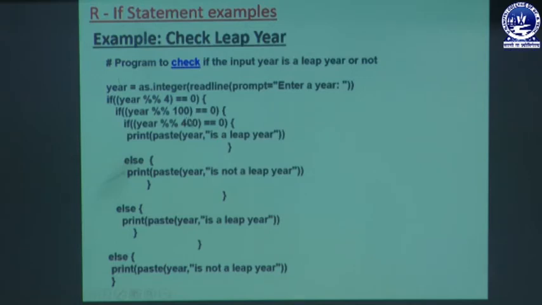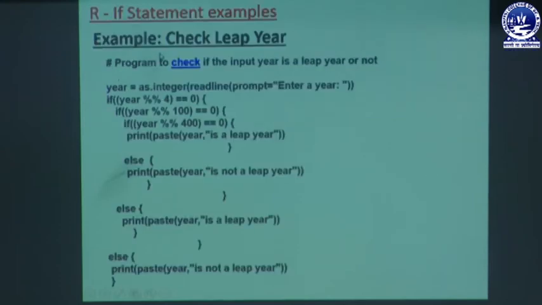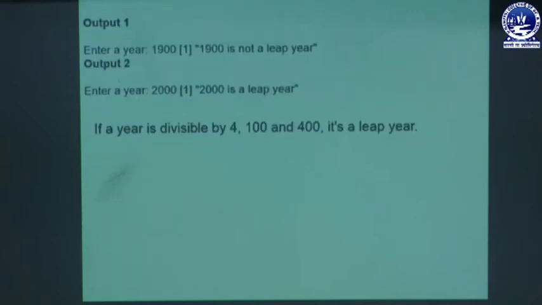And as you can see here, the user entered 1900. So it will first check whether 1900 modulus 4 equals 0 or not. As you can see, 1900 is not divisible by 4, so that's why the output is that 1900 is not a leap year.